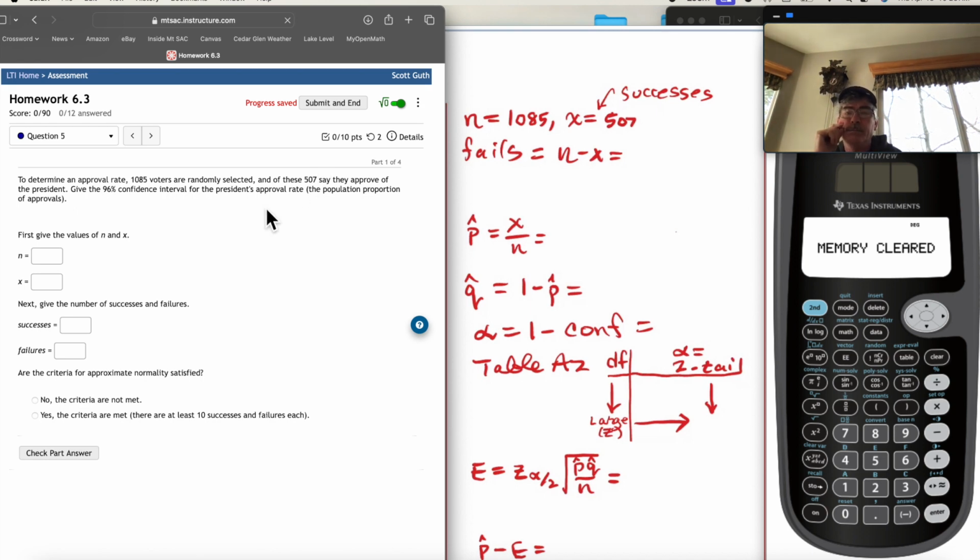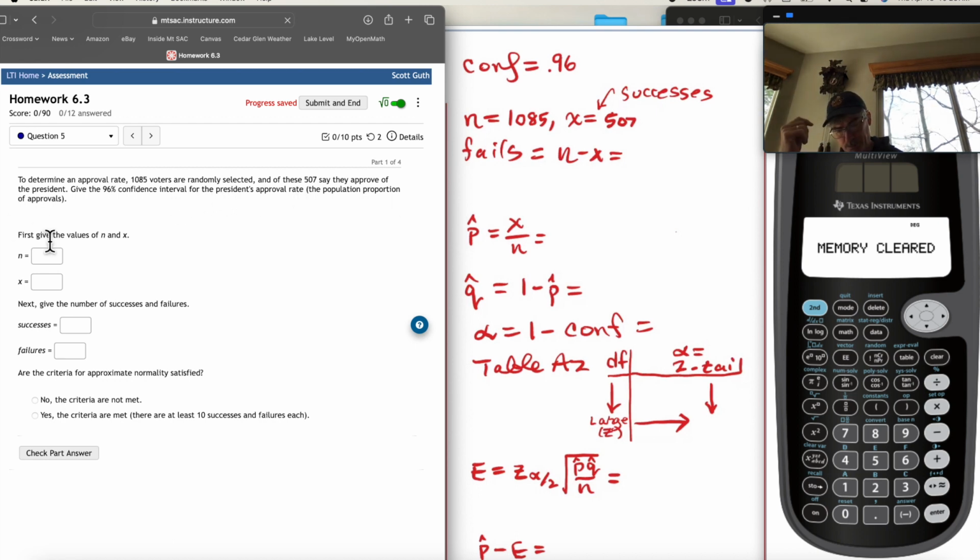Okay. Give a 96% confidence interval. So I think I'll put up on top here that my confidence level was 0.96. And confidence interval for the president's approval rate.